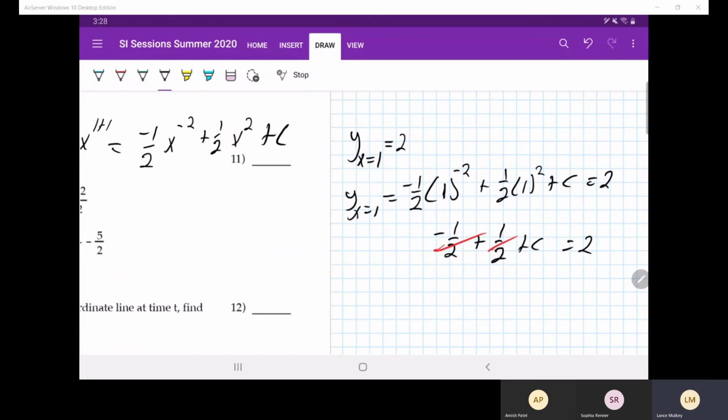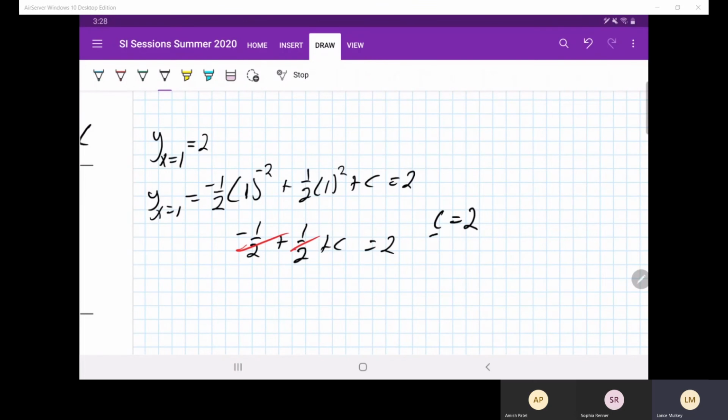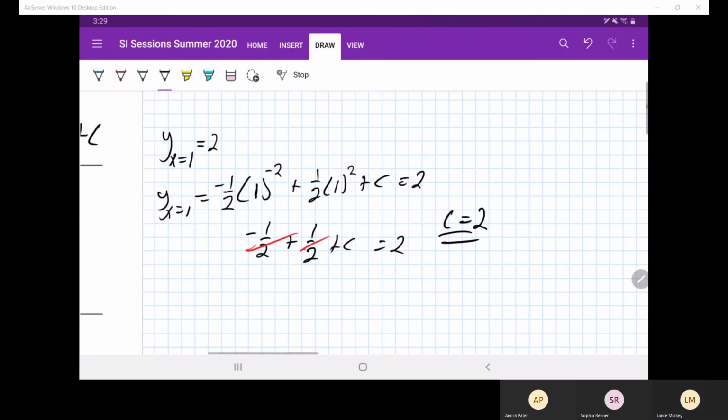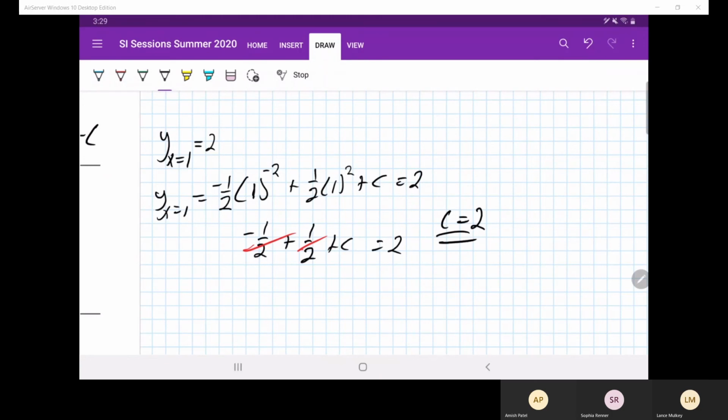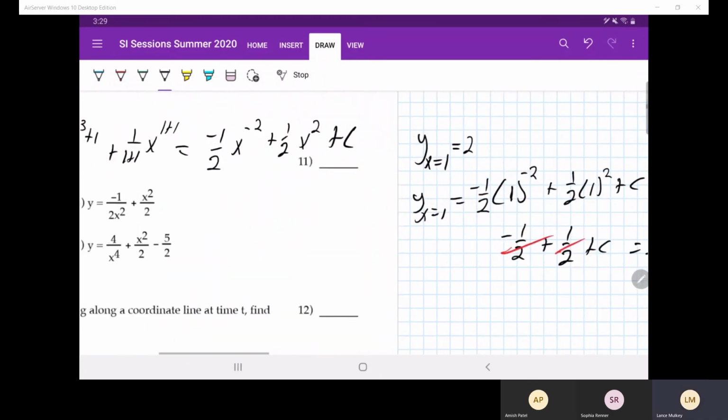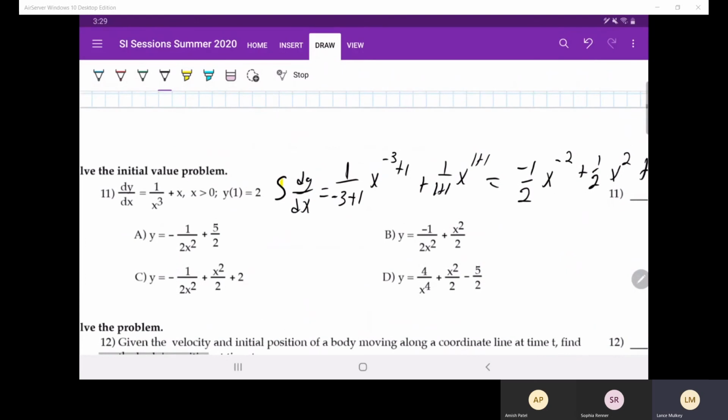These drop. C equals 2. Any questions on how I did that? I know I'm going kind of fast. If y'all are following, that's great. And so you keep the original. So now you have c.